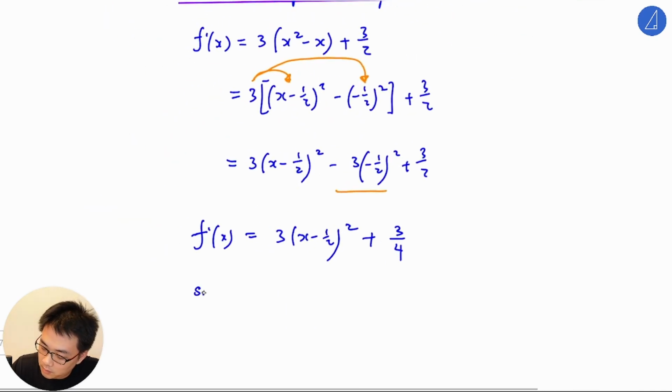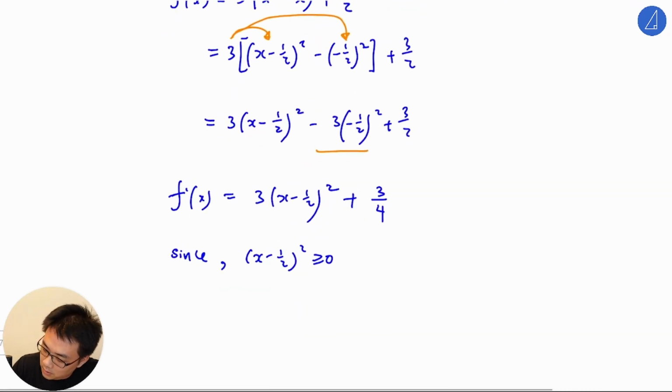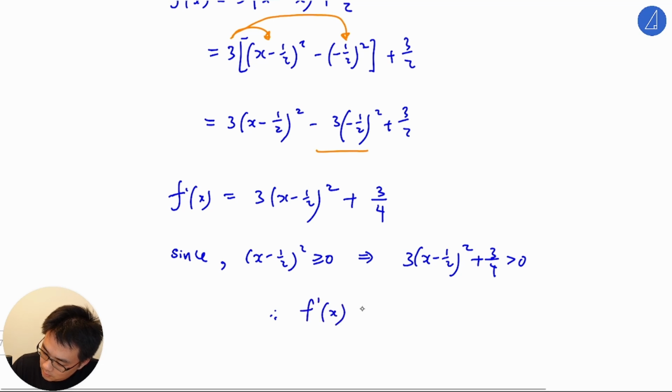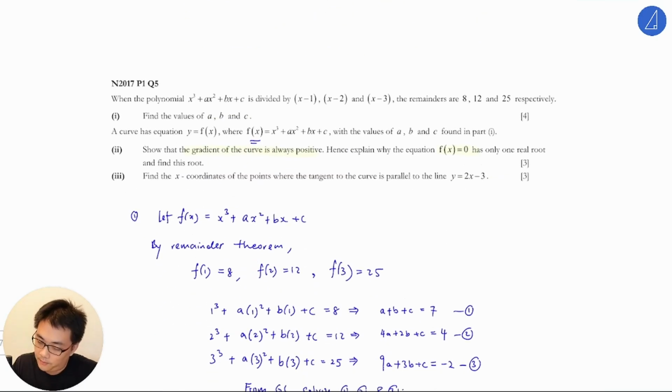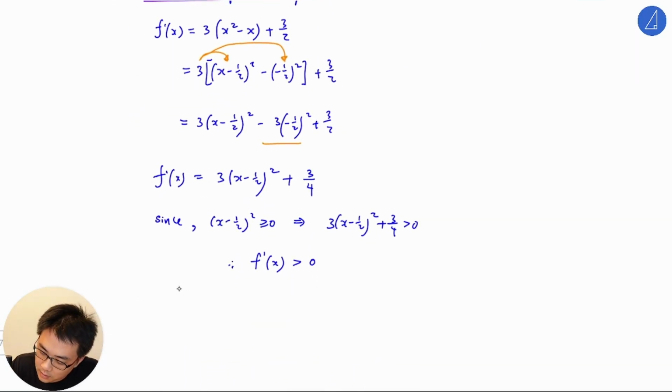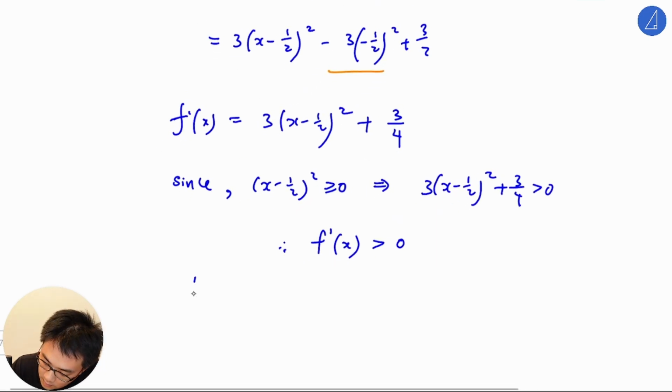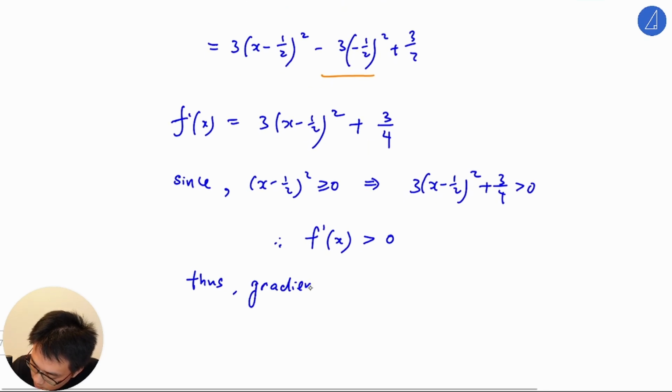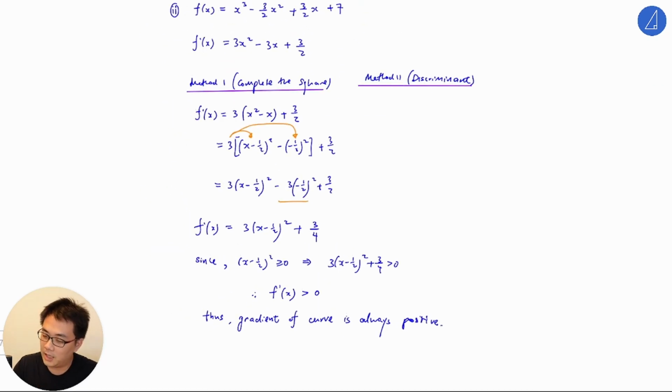So since (x minus half) squared is at least 0, so hence the gradient of a curve is always positive, hence. Okay. Then the second one always positive.